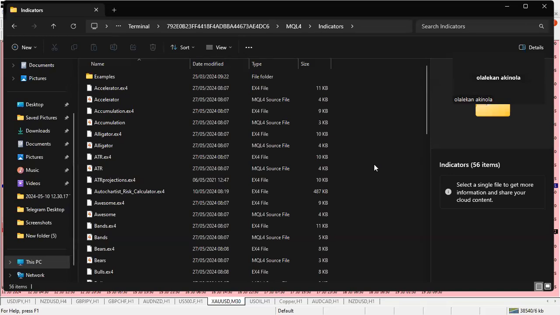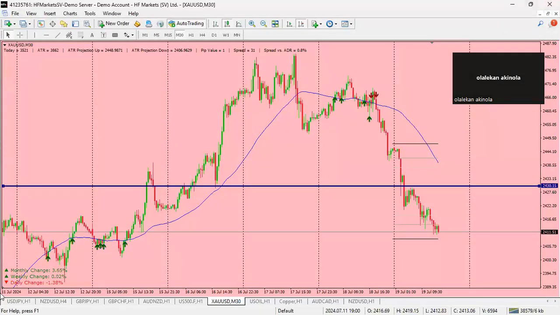Just press Ctrl-V, or just paste the flow system tool into this folder. When you've pasted it, close the folder, and then close your MT4 and restart it.